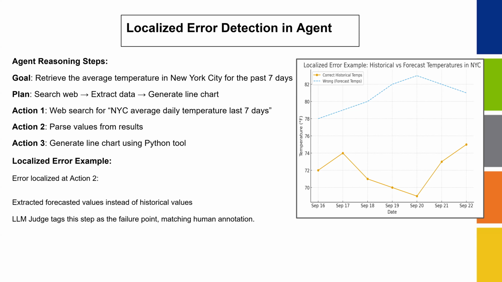So web search for New York, second would be parsing the values, and third would be generating the line chart using a Python tool. Now the language model as judge would do error localization at action 2: extracted forecasted values instead of historical values. So the LLM judge tags this step as the failure point, matching the human annotation.